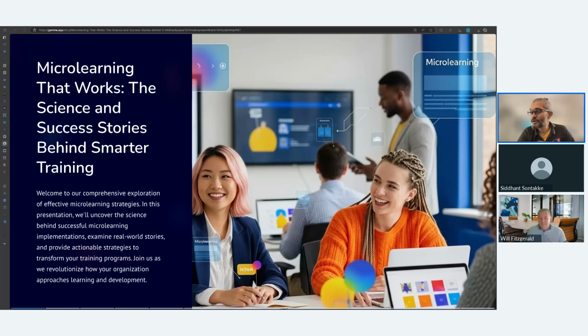So I think it's good that we explore this a little bit in depth. Will and I have been talking about this a little, and we feel that exploring the science of microlearning, why it's really relevant, would build that context before we jump into actual strategies and what exactly we can do with microlearning.